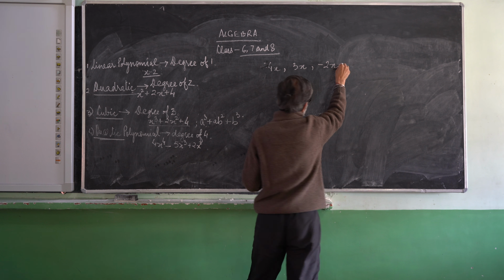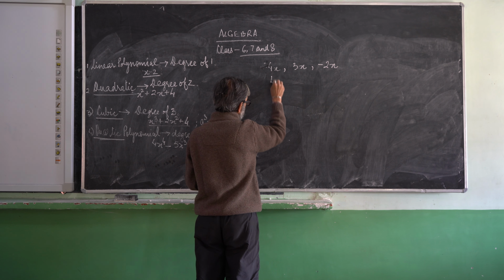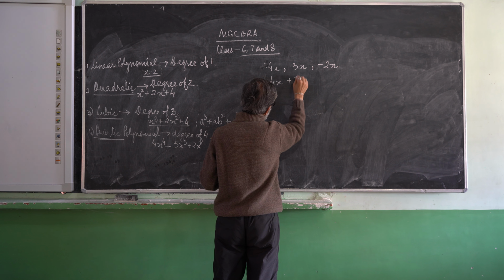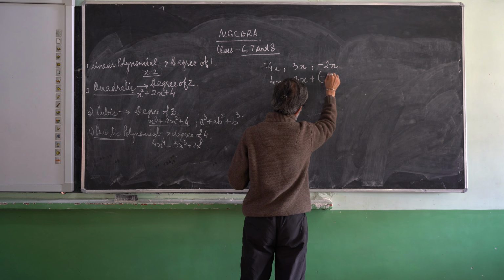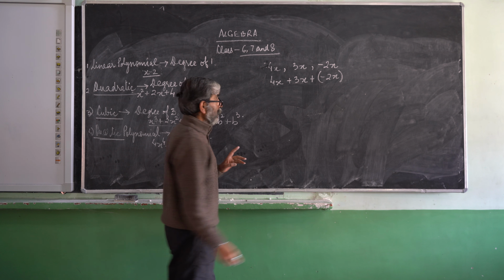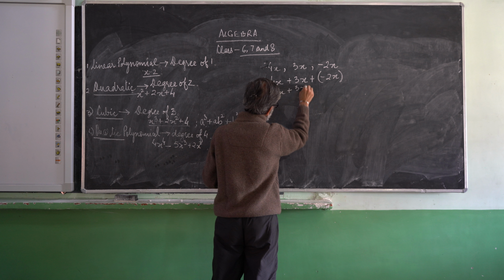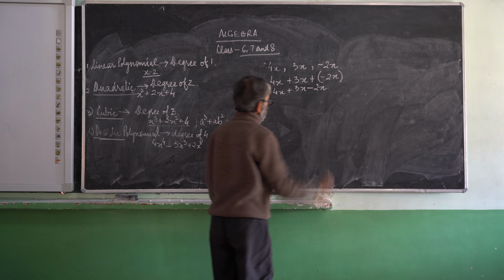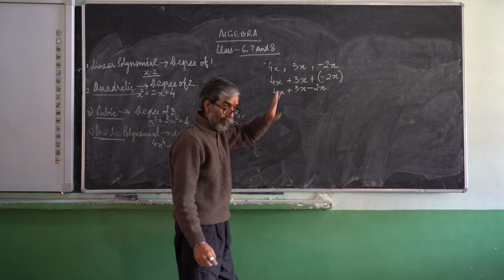These are like terms. For addition you use the plus sign, 4x plus 3x plus minus 2x. Open the brackets, 4x plus 3x plus and minus 2x. 4x plus 3x is 7x. How to do it?